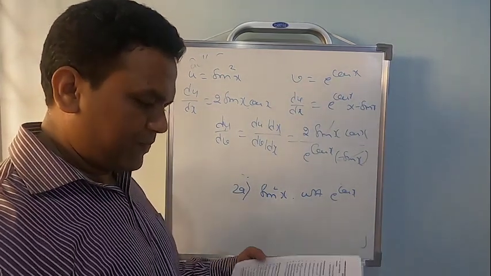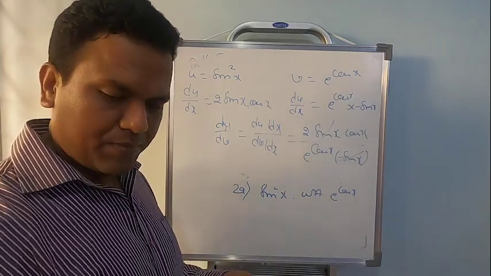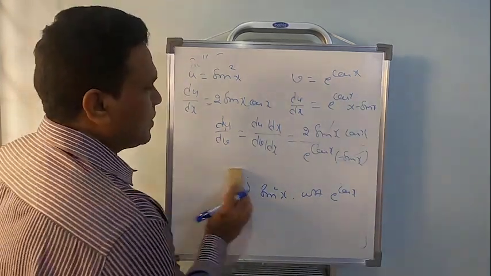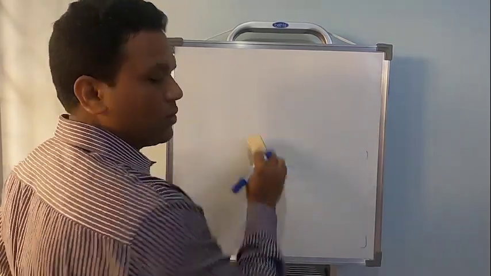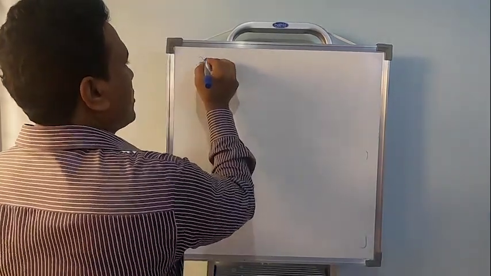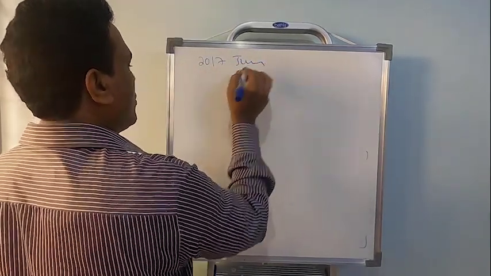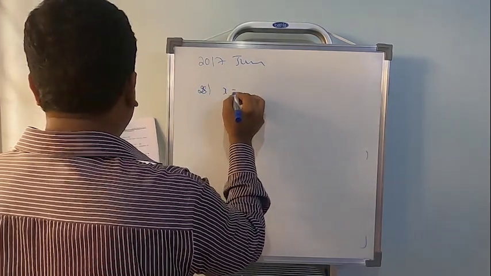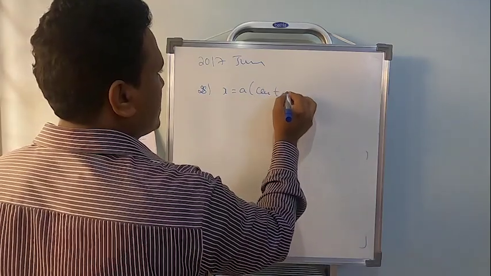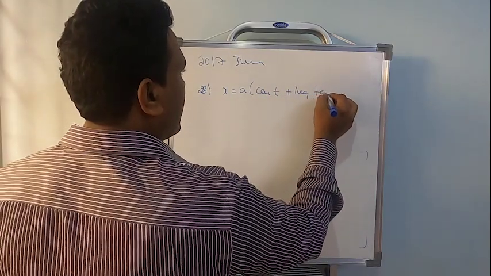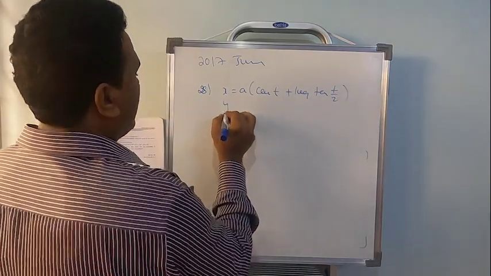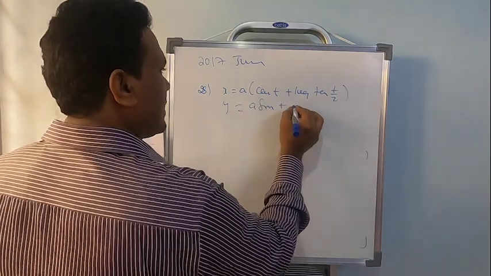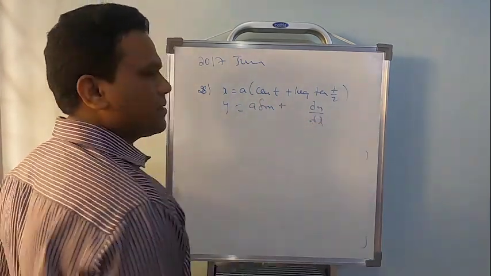2017 June. What are the problems given? Problem number 28. If x equal to a into cos t plus log of tan t by 2 and y is equal to a into sin t, then find dy by dx.